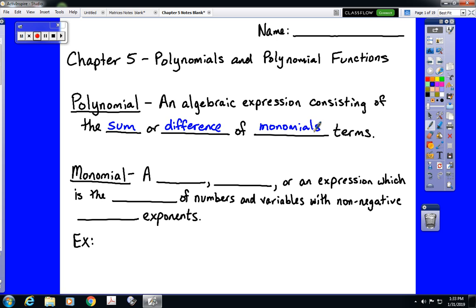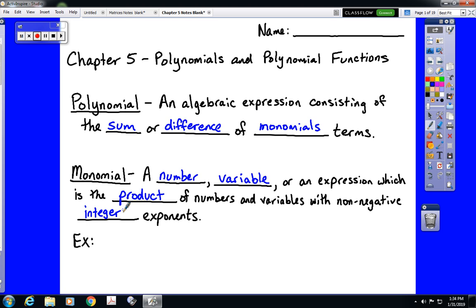A monomial then is a number, a variable, or an expression which is the product, meaning multiplication answer, where we have numbers and variables multiplied together. The one key there is that the exponents on those terms must be integers. Okay? It must be positive integers. We can't have negative exponents. We cannot have fractional exponents.